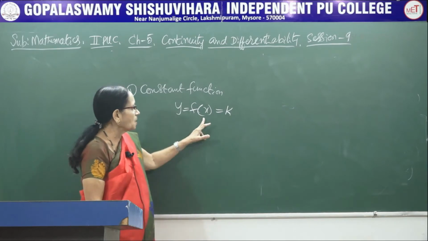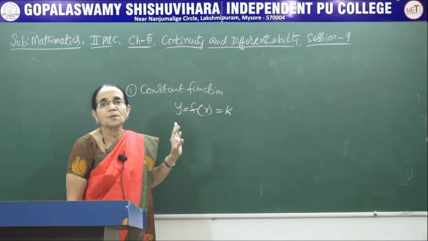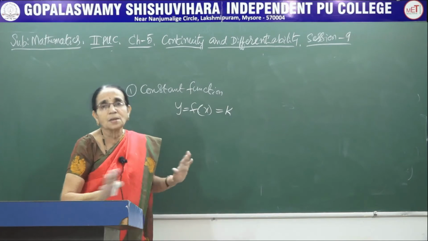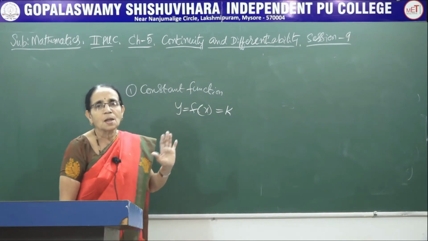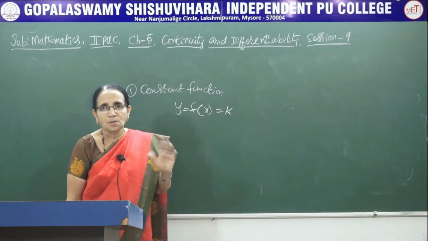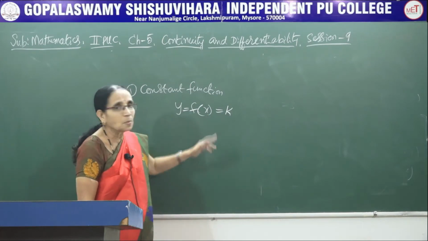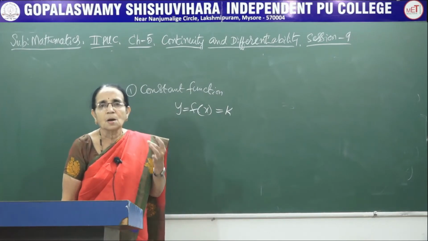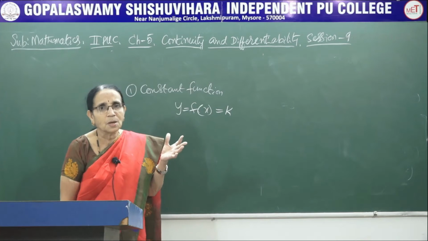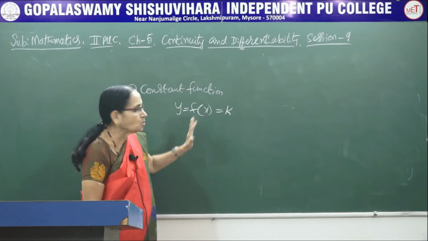Now you observe here, this particular function is defined for all the real values. You can give any value for x, positive value, negative value, 0. A real value can be a positive or negative integer, a positive or negative rational number, a positive or negative irrational number including 0. So any value can be given.